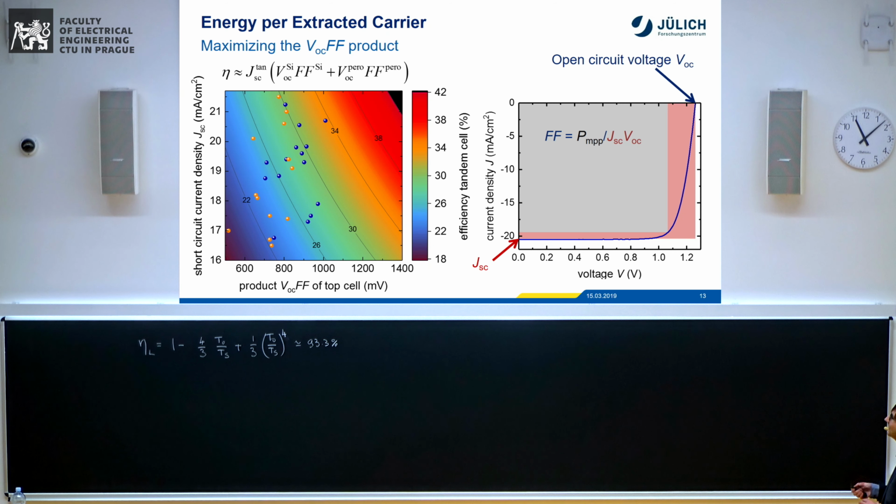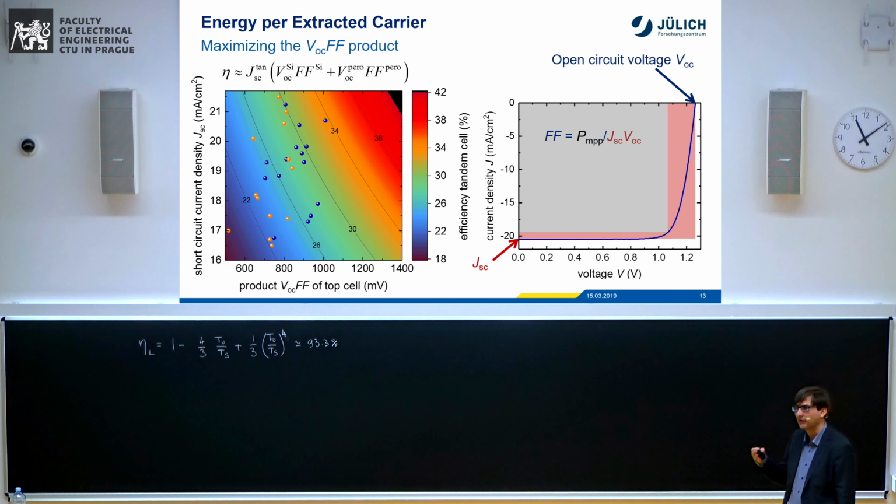So this graph shows you a rough calculation of what level of efficiency you could approximately reach in a tandem solar cell on top of that 26.6% silicon solar cell that Pedroca already showed you from Kaneka. And this solar cell has a voltage at the maximum power point of about 625 millivolt.